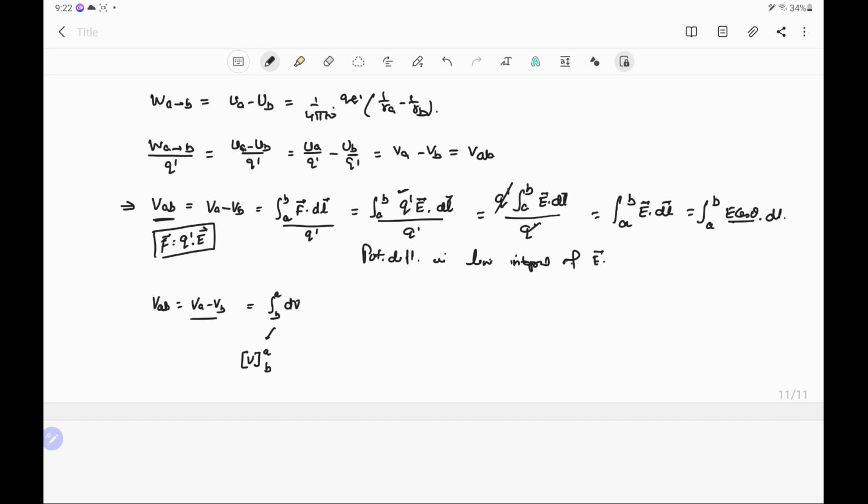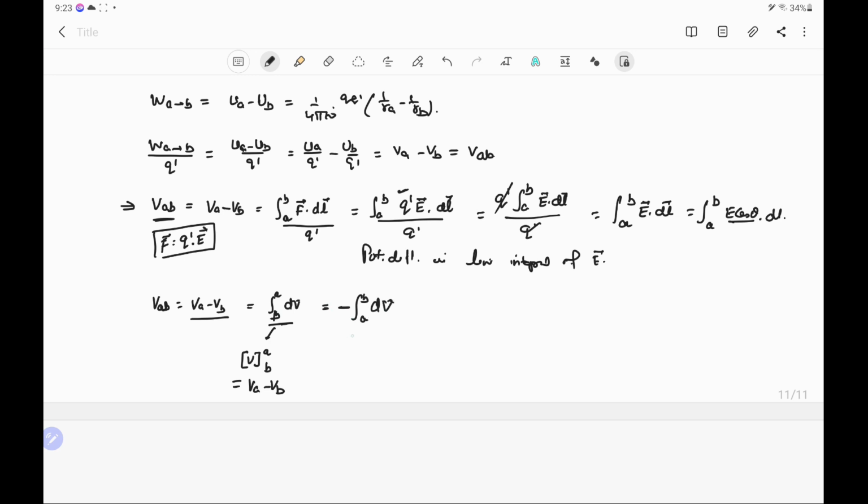So VA minus VB will be written in this form. It will be equal to first the upper limit, so it is VA, and then the lower limit. Therefore, it further can be written as, if we interchange the limits, that means the upper limit is kept as the lower limit and the lower limit as the upper limit, we have to introduce a negative sign. That means we can write it is equal to minus the integral from A to B of dV.